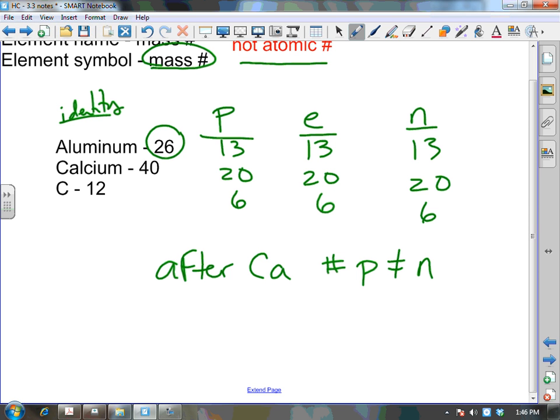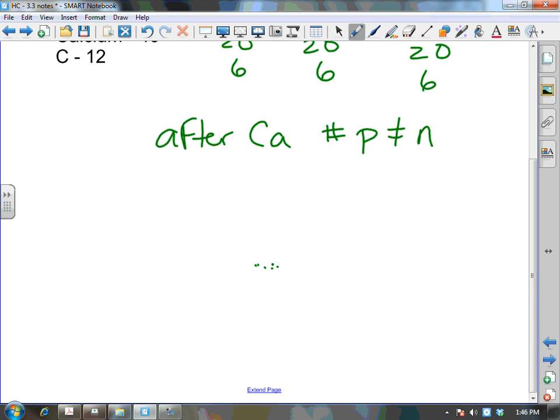One example we'll just do here, let's say I pick copper. Say we're given a situation here, copper's mass number is 63.